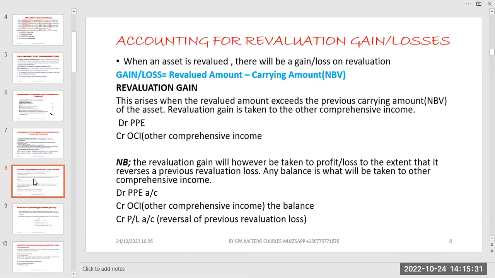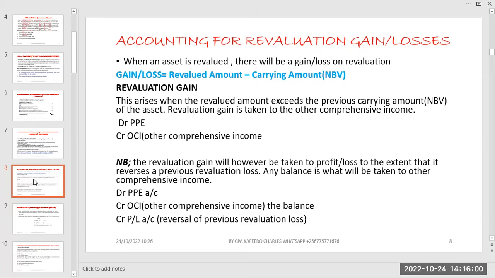Remember, this asset we are revaluing, we bought it sometime. By the time we bought it, we estimated the useful life and the cost, so we also determined its depreciation. So by the time it took us to do the revaluation, some depreciation has been accumulated.